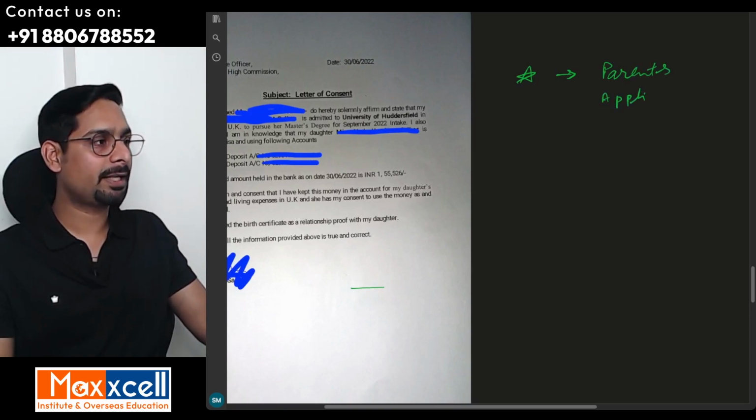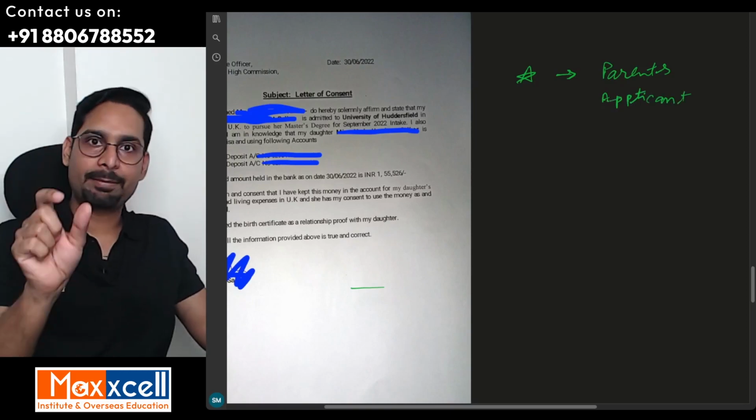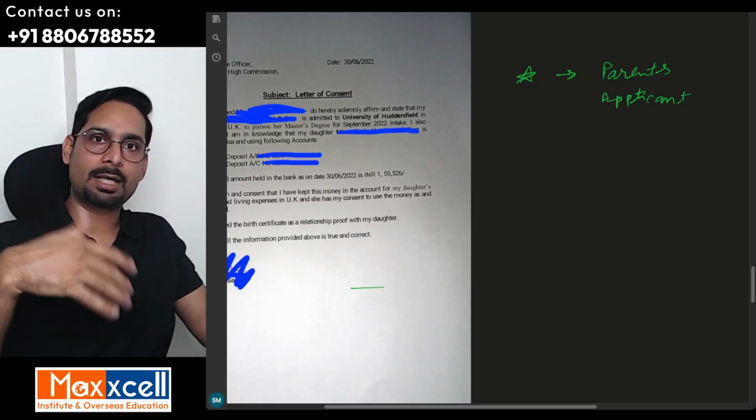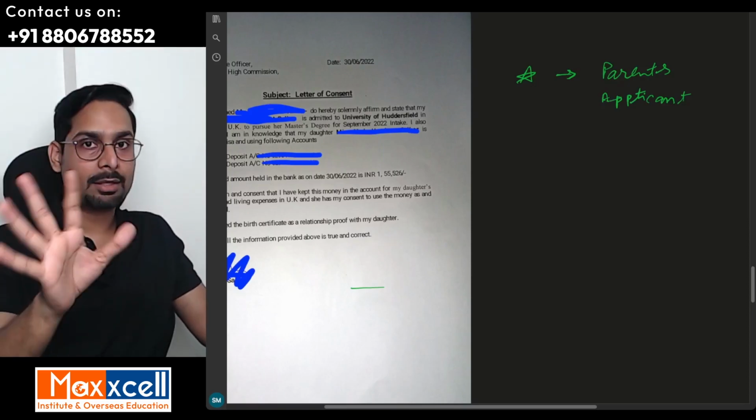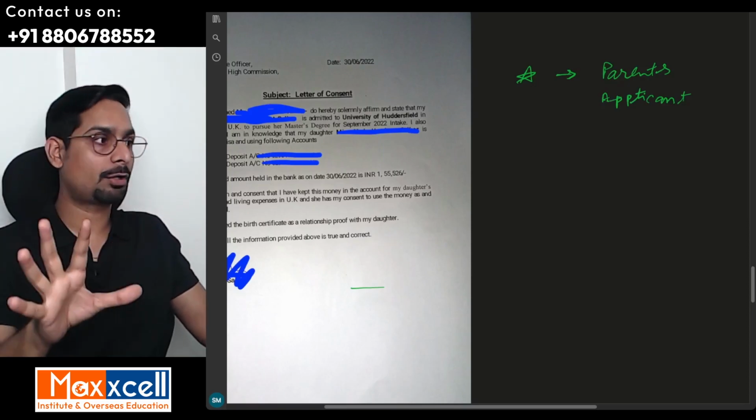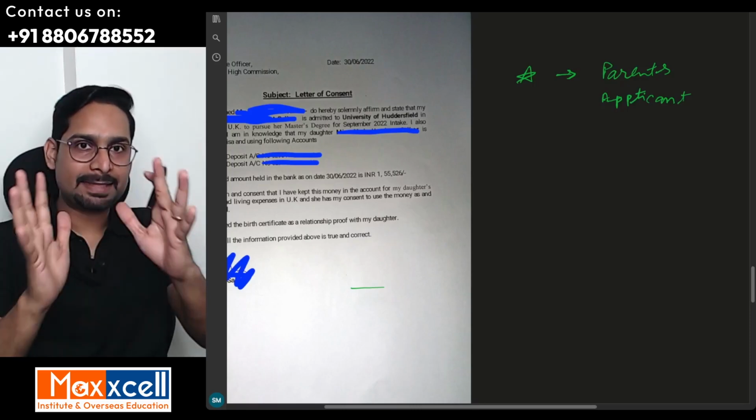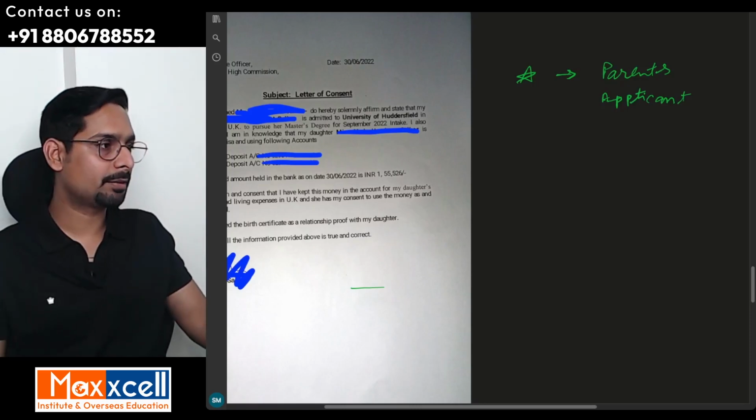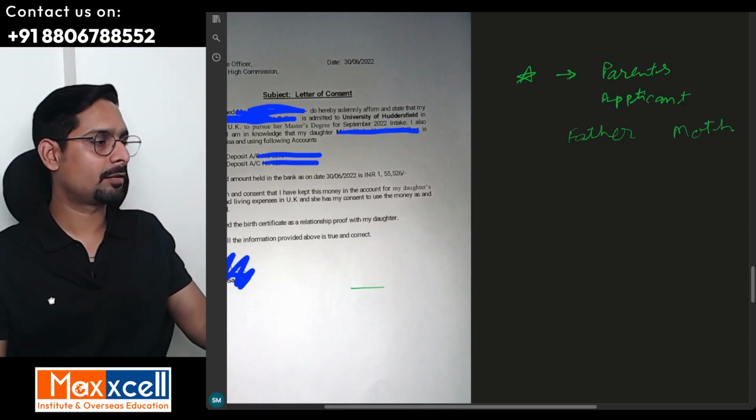There should not be any kind of joint account with, say, the applicant's sibling, your uncle, or your aunt. If it is a joint account, it should be among these three people: father, mother, or applicant.